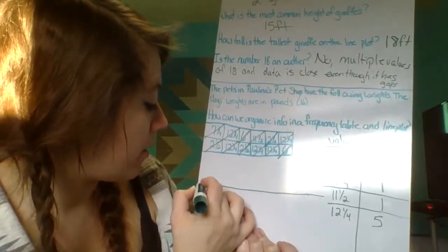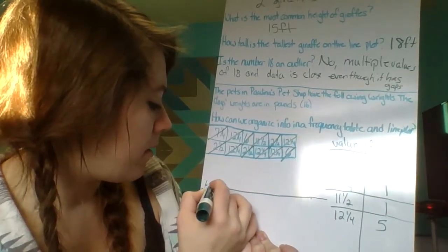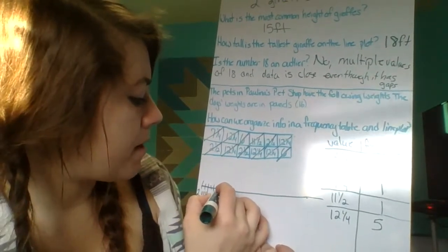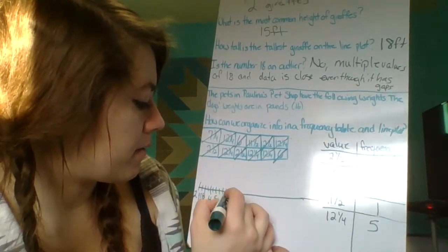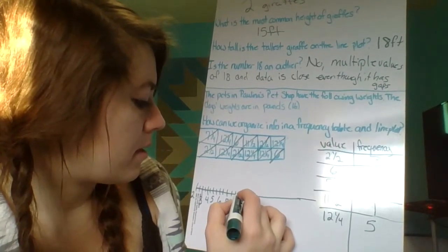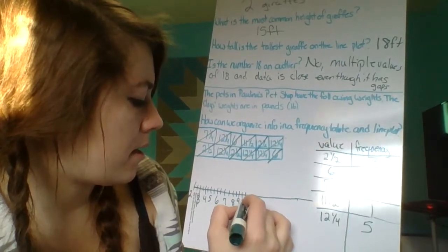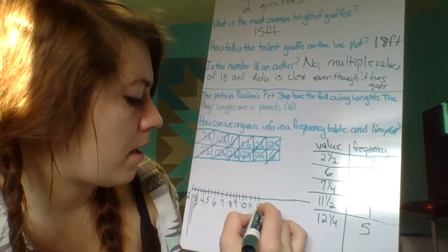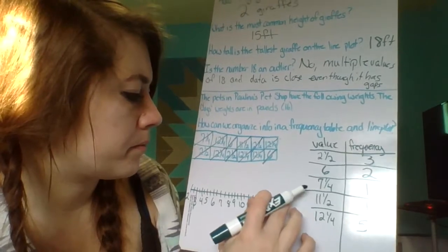We're going to have 2, 3, 3 1/2, 4, 4 1/2, 5, 5 1/2, 6, 6 1/2, 7, 7 1/2, 8, 8 1/2, 9, 9 1/2, 10, 10 1/2, 11, 11 1/2, 12, 12 1/2, 13.